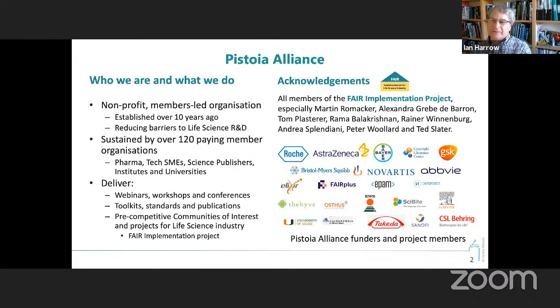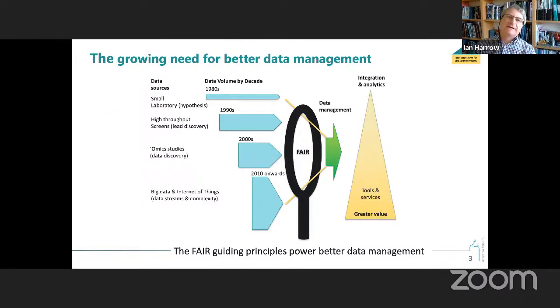And then you can see a number of organization logos here on the screen. These are all Pistoia Alliance funders for this specific project, as well as project members. So hopefully that sets the scene for the Pistoia Alliance.